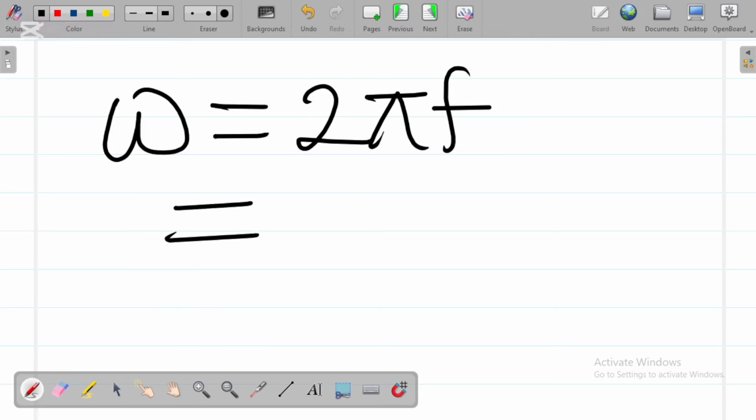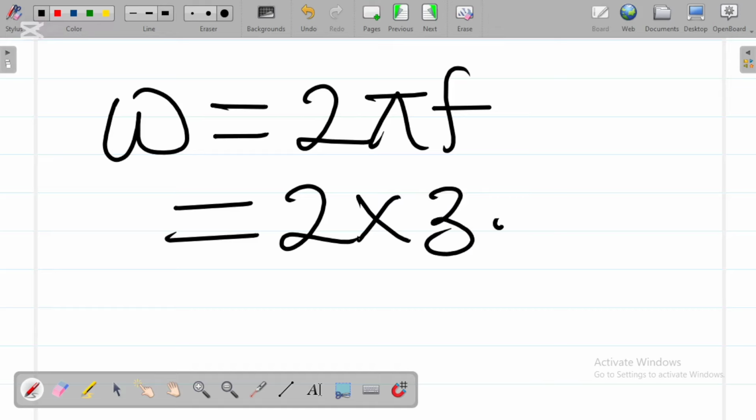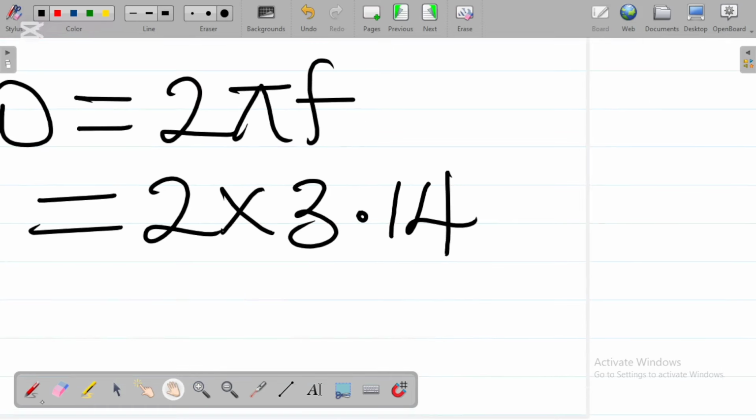It is equal to 2 multiplied by the value of pi, which is 3.14, and then multiplied by the value of frequency, which is 2.